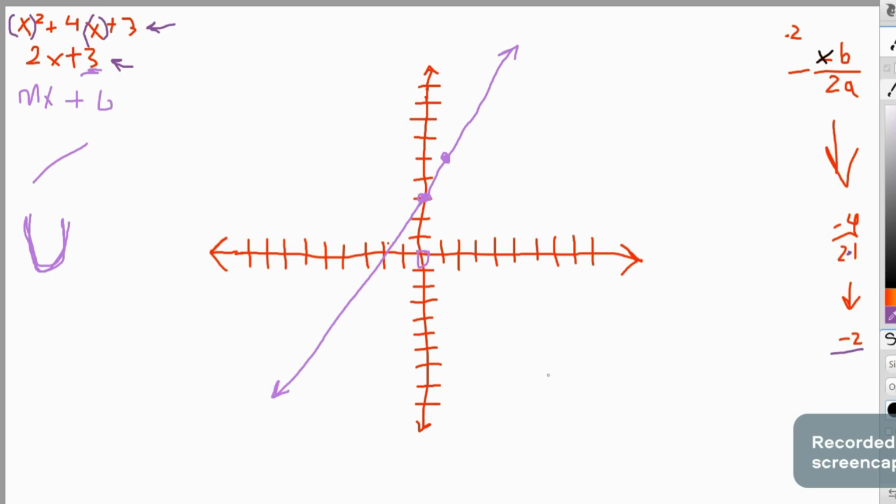Anyways, negative 2 squared is going to give us 4. And then plus 4 times negative 2, that is going to give us negative 8. And then plus 3. So then we add these all together, and we'll basically get negative 1.